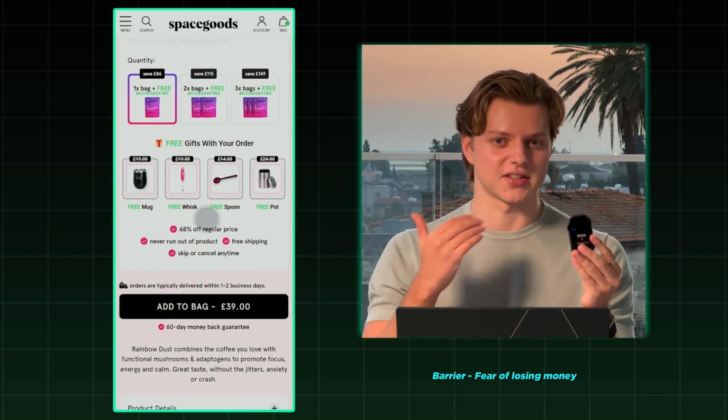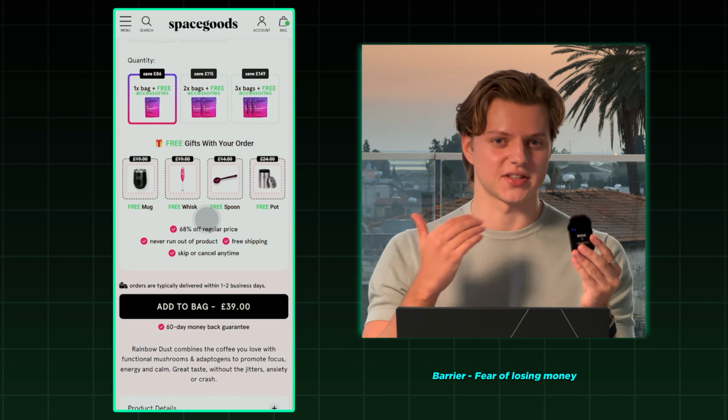And then going further down, they have this huge discount, save 68%, where the before price is £125 and then it's £39, where they show you everything you get in the bundle, especially the free items here. And what I really love is how they anchor it in the value of these items.